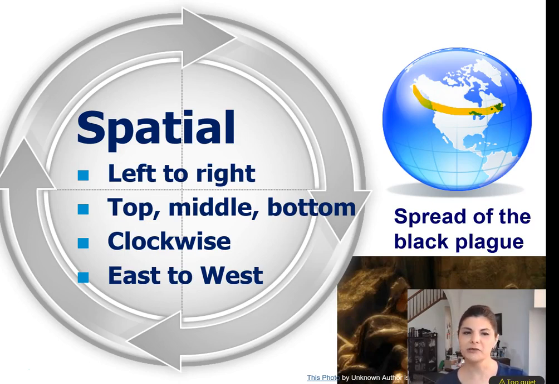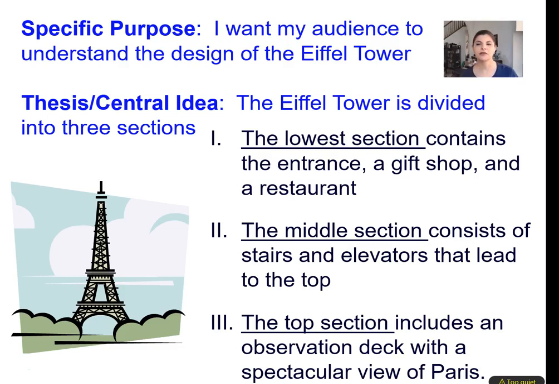So spatial is not used real often, but it could be used if you're describing a thing or a room or a space. Here's an example of a speech that would work with that. It is a speech about the Eiffel Tower, and specifically the design of the Eiffel Tower.